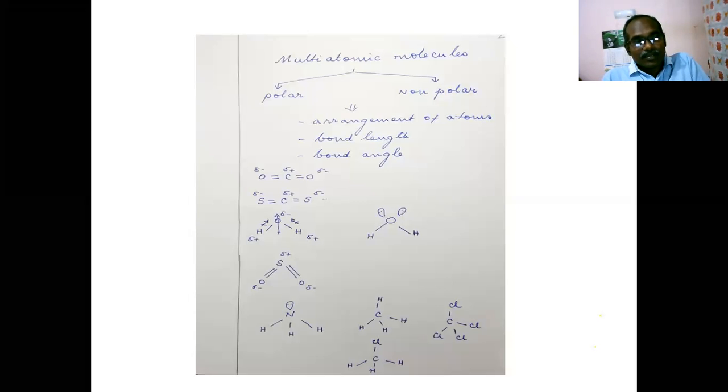the magnitude of the charge multiplied by the distance of separation of the charges. This calculation can be easily done for a diatomic molecule. But in the case of multi-atomic molecules, you may very well calculate the bond polarity, but the dipole moment shown by the entire molecule depends upon very many factors.